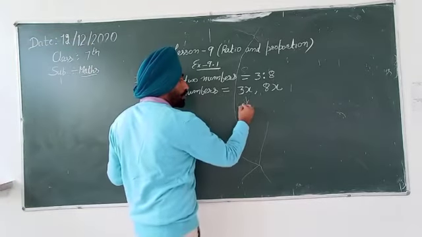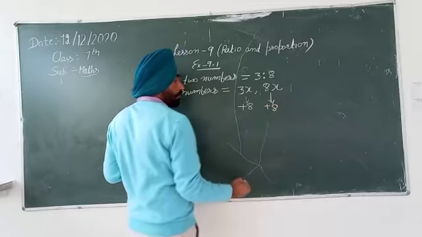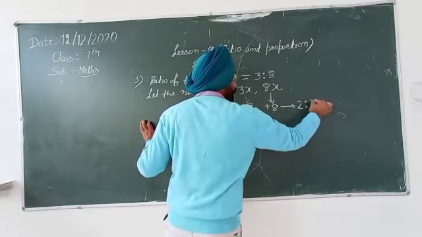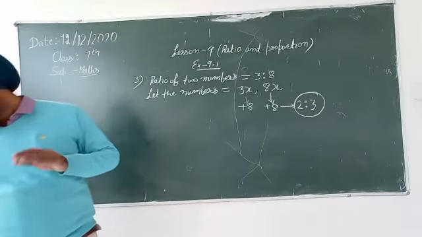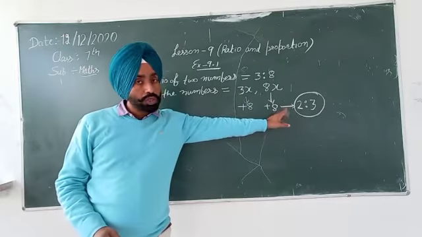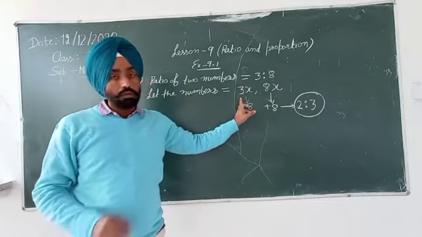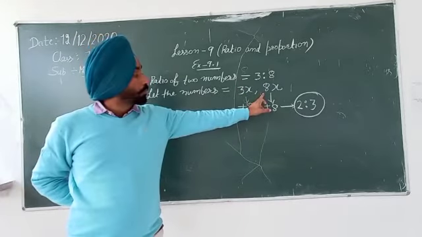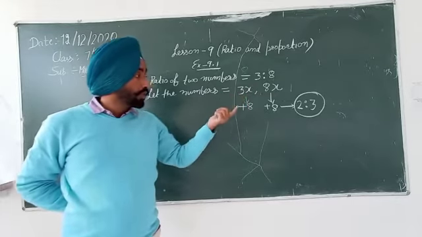Then the ratio becomes 2:3. If I add 8 to both, the ratio becomes 2:3. You have to find these numbers. So if we find x, then we can easily find the numbers.